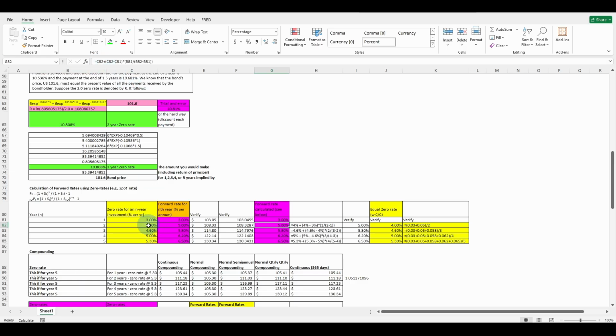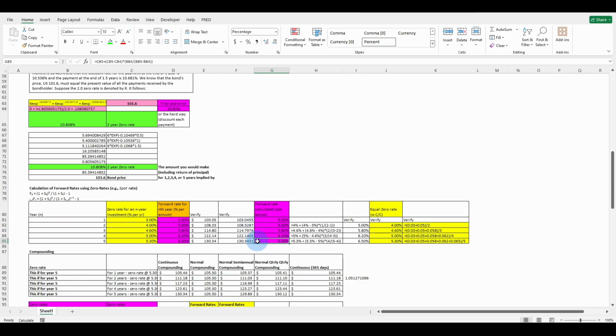And remember I said we're going to go forward then back. So we go C82, which is going to be 4%, plus C82 minus C81 times B81. Here's the years. We went B81 divided by B82 minus B81. And so we have to go up 1 year. That's why we went 0 here, because we have to go back 1 year, and we have to have a 0 timeline.